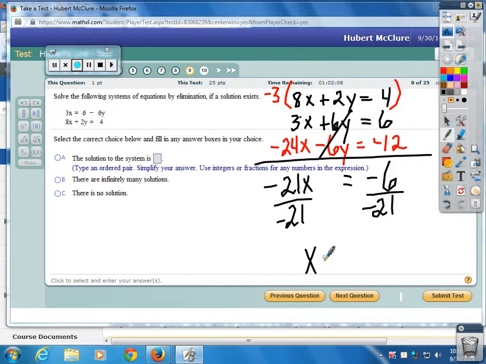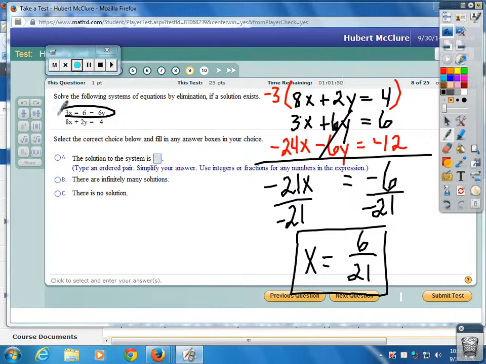And x is equal to 6 over 21. Now what am I going to do with that 6 over 21? Back substitute, plug it back in. And since I've got x is equal to a number, I'm going to plug it into the first one because x is by itself. So 3 times 6 over 21.